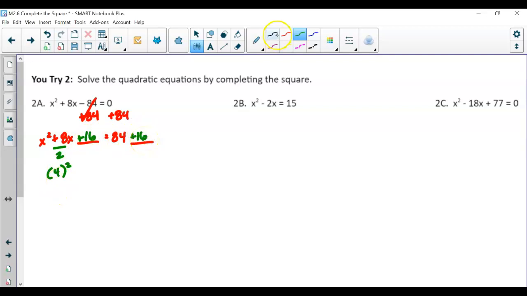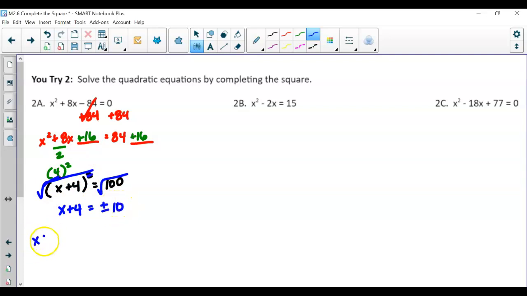So now when you rewrite your trinomial here as a perfect square, you should have written it as x plus 4 squared is equal to 100. So now you can solve. Taking the square root, now you've got x plus 4 is equal to positive or negative 10.